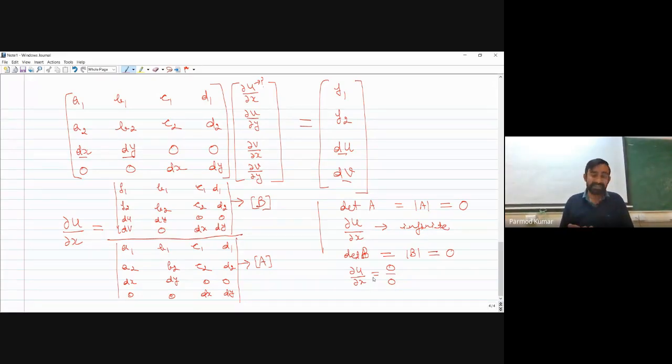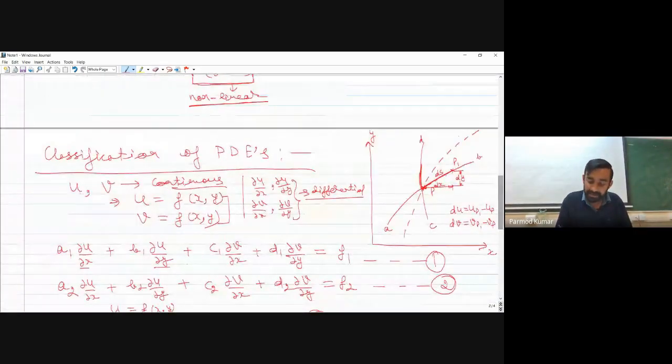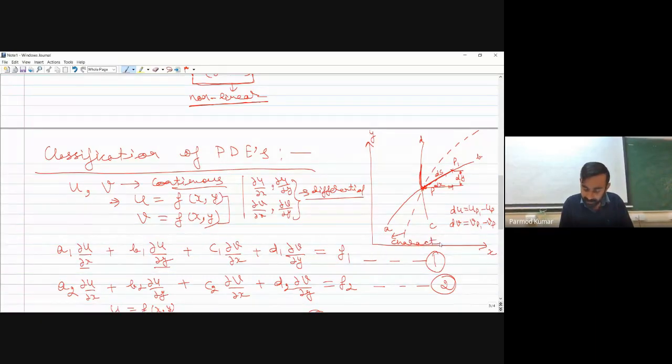A situation in which we are getting an indeterminate value of del u by del x, the direction along which we get the value as indeterminate, that particular direction is referred to as the characteristic direction. This is one very important point. This dashed line, whatever I have drawn over here, is actually called the characteristic line.